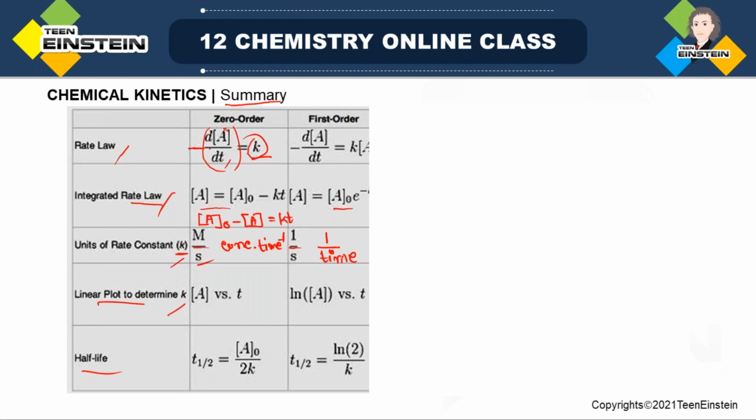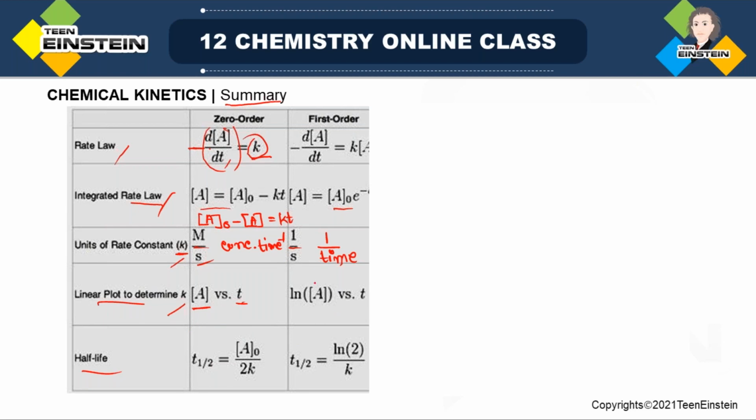or you can say time inverse. And if we want to get linear plot, then for zero order reaction, in y-axis we have to take concentration of A, and in x-axis it should be time. So as time increases, then concentration of A will actually decrease, but it will be linear plot.